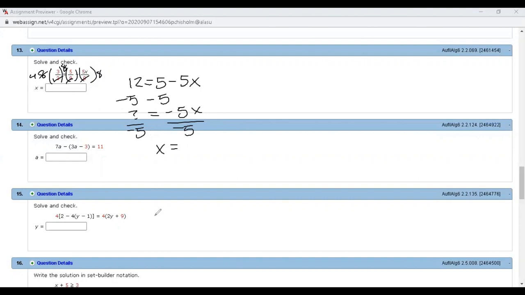Let's look at number 15. Here we have some brackets, some parentheses, all of this fun stuff. So let's work this one out a little bit. This is number 15.